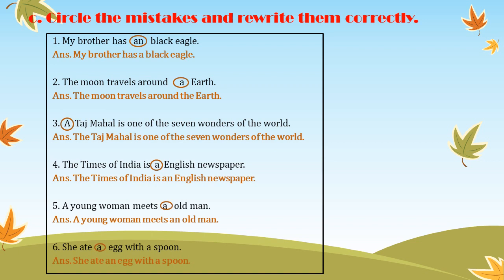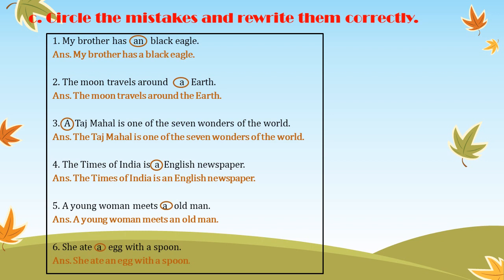The mistake in the second question is a earth. Third is: a Taj Mahal is one of the 7 wonders of the world. Again, with famous historical buildings or natural monuments, we use the. Answer is the Taj Mahal is one of the 7 wonders of the world.